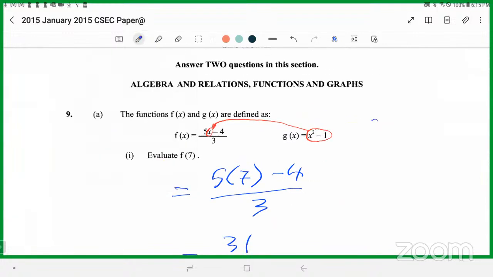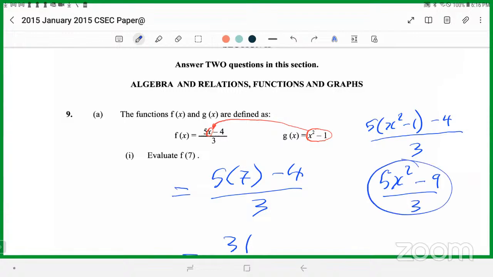That's what we're doing. Let's try what we're going to get. We're going to get 5 times the entire g, which is x squared minus 1, minus 4 over 3. I'm going to expand this and get 5x squared. 5 times minus 1 is negative 5. Negative 5 and negative 4 is negative 9 over 3.